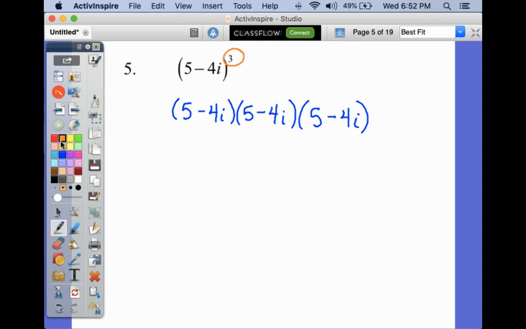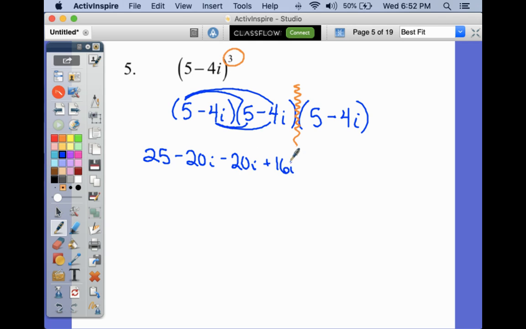Okay, you can only multiply 2 of these at a time. So just pretend that the third one's not even part of the problem to begin with, and start by multiplying on these first 2. So run through your distributive steps. 25 minus 20i minus 20i plus 16i squared.